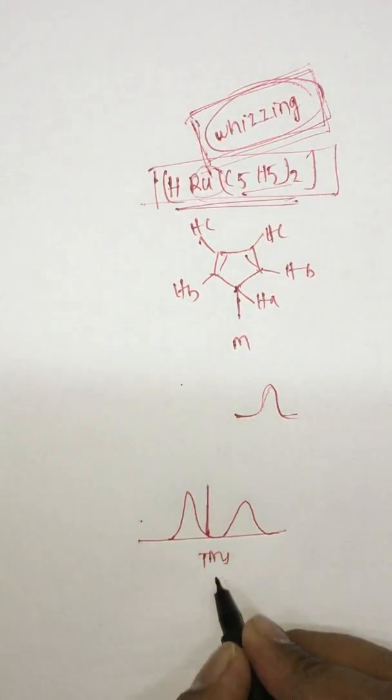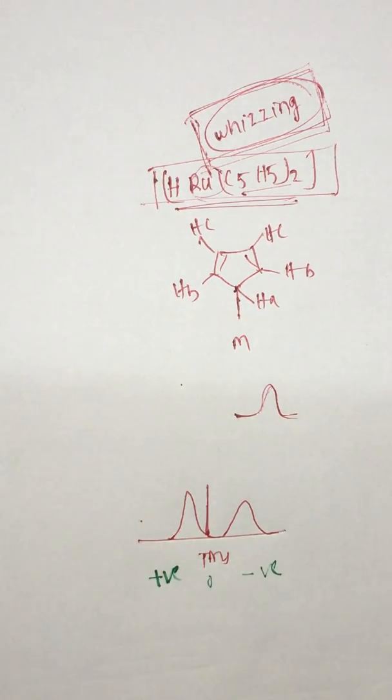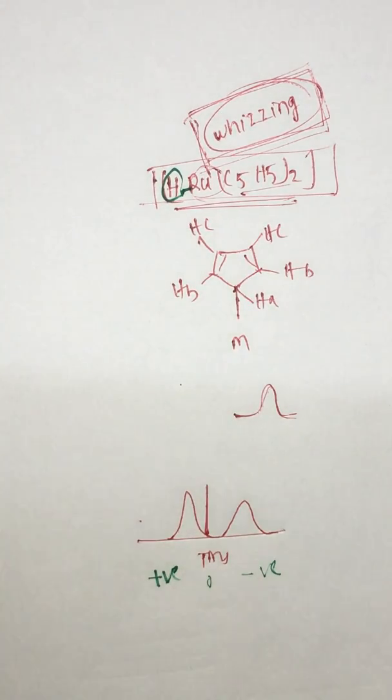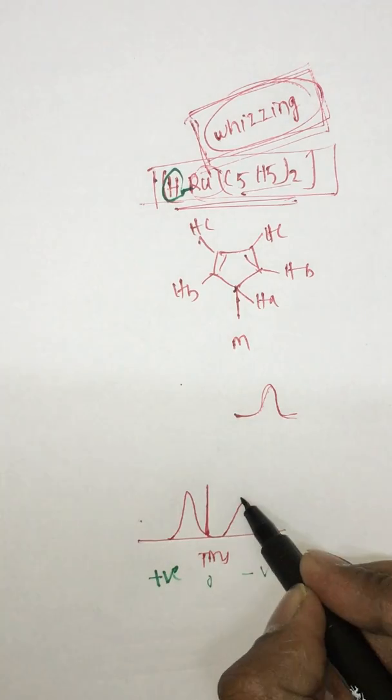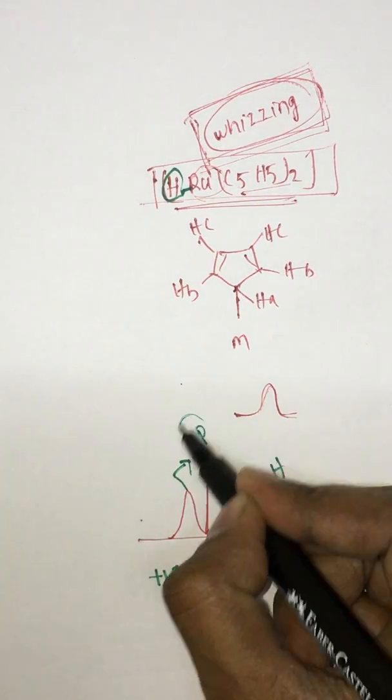As I said, this is 0, this is the negative region, and this is the positive region. When hydrogen is attached directly to a metal, the chemical shift of that hydrogen will be in the negative region. So this is for hydrogen and this is for cyclopentadienyl.